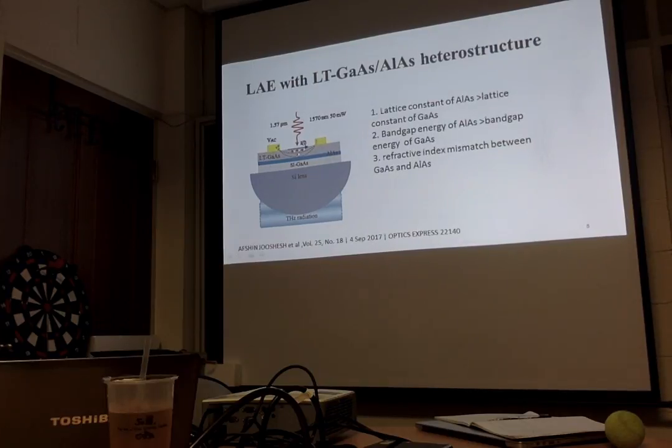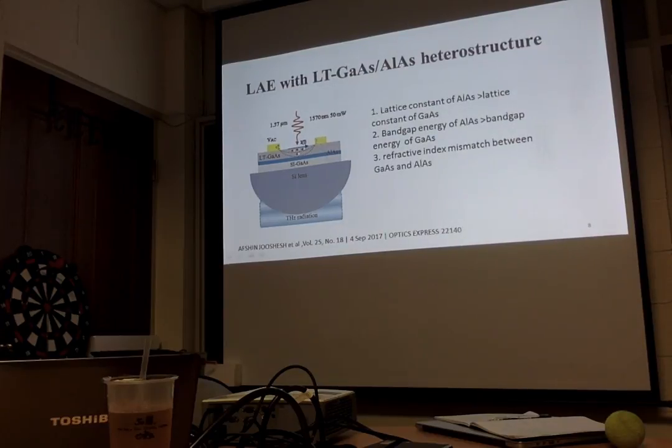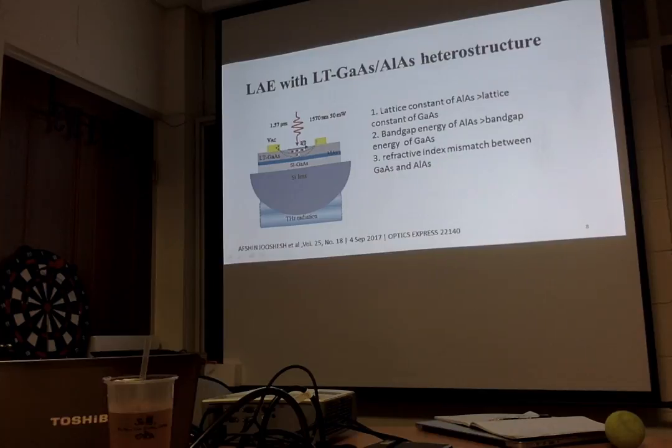So we artificially grow this kind of material, by intention. Of course, we don't need a very thick layer of that. So that's why typically we will have the SI gallium arsenide.